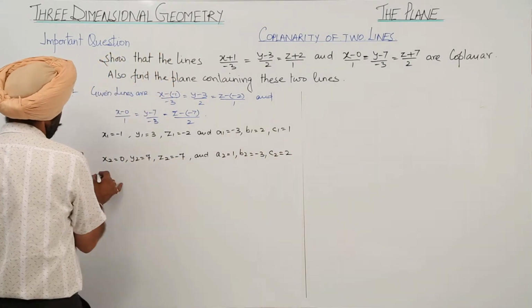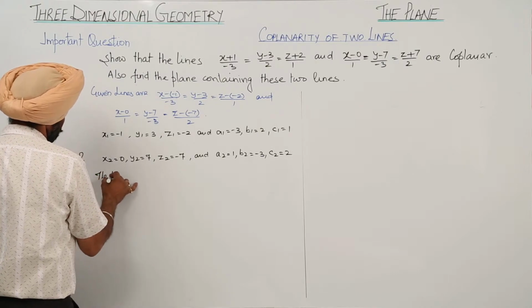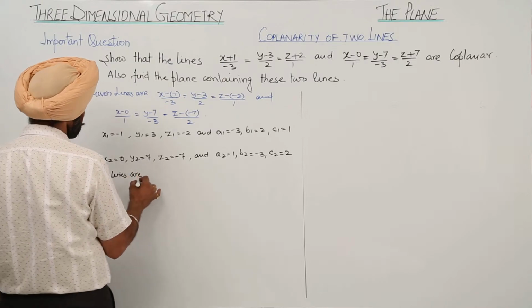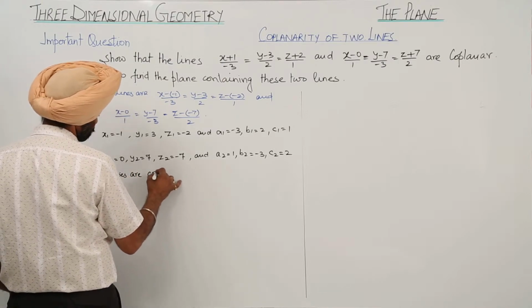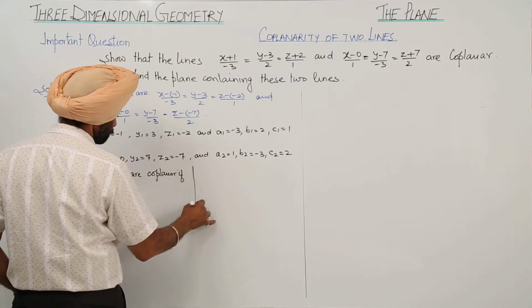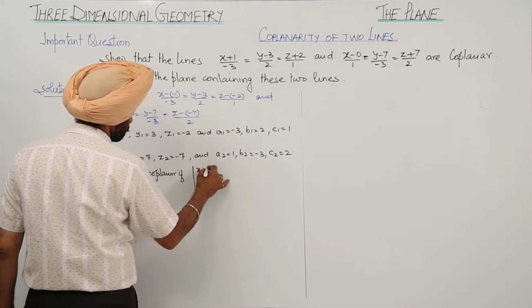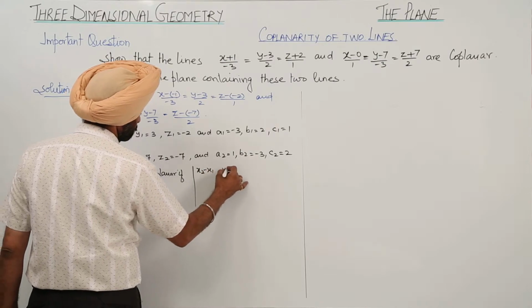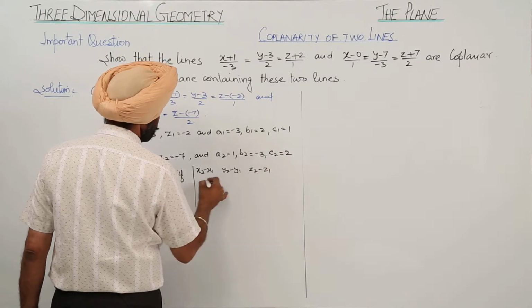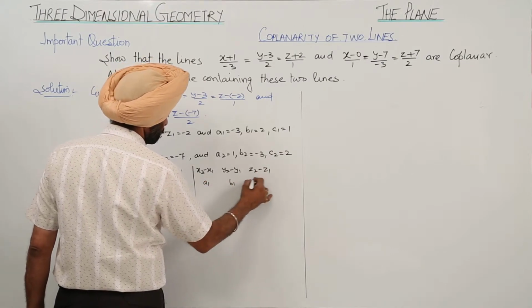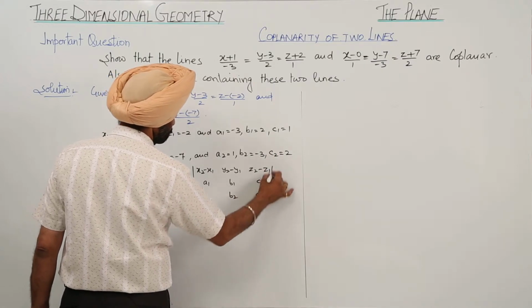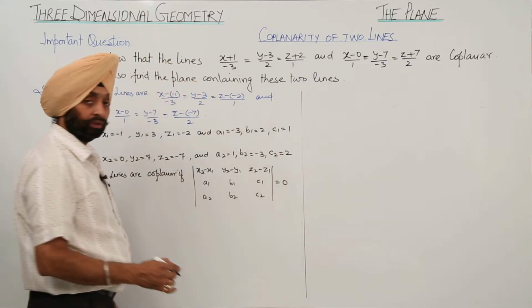Now, the lines are coplanar if the determinant of x2 minus x1, y2 minus y1, z2 minus z1, a1 b1 c1, and a2 b2 c2 is equal to 0.